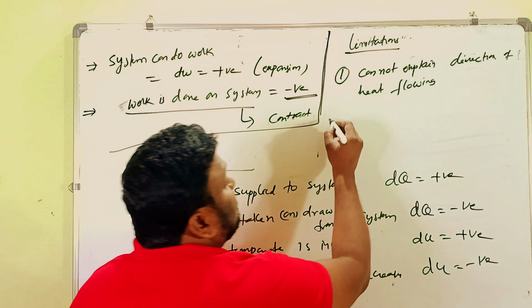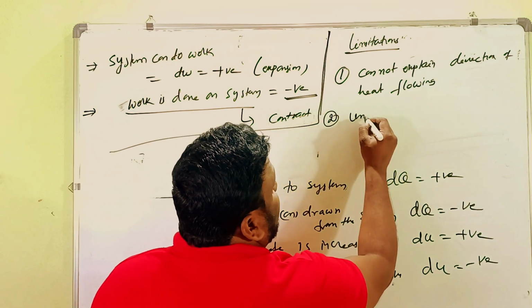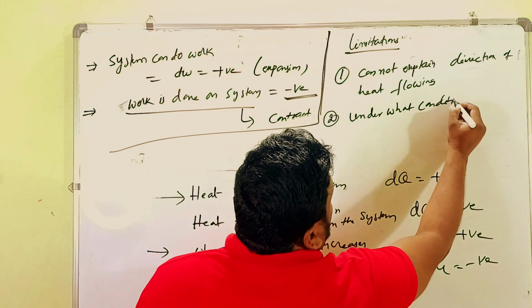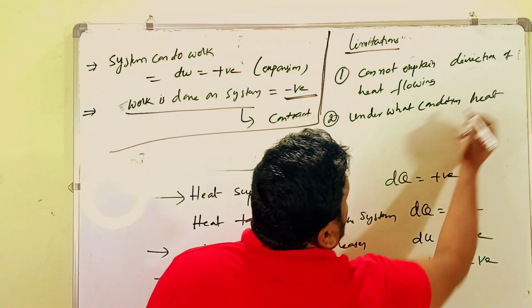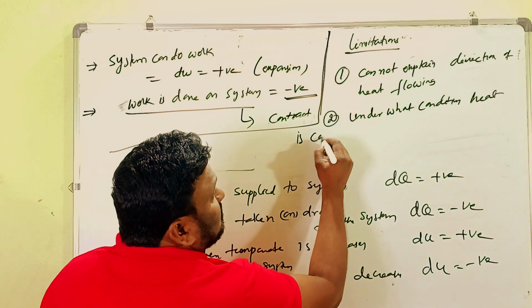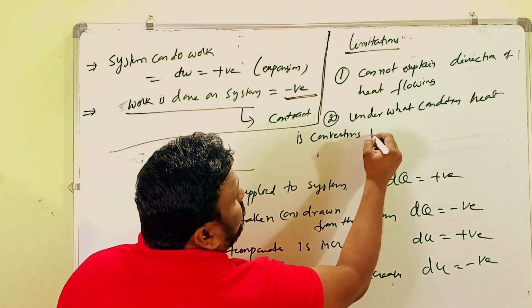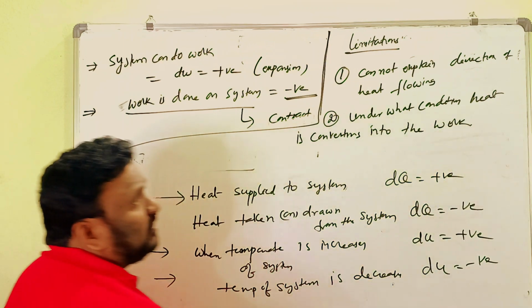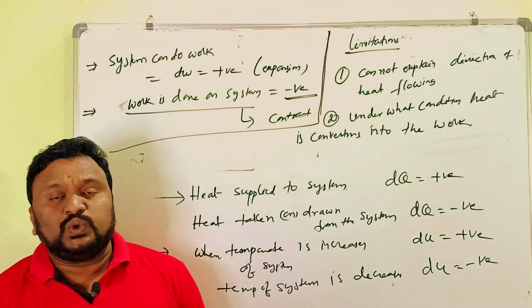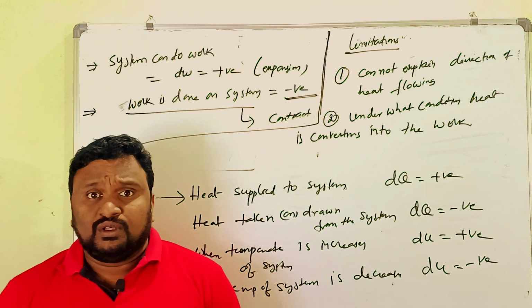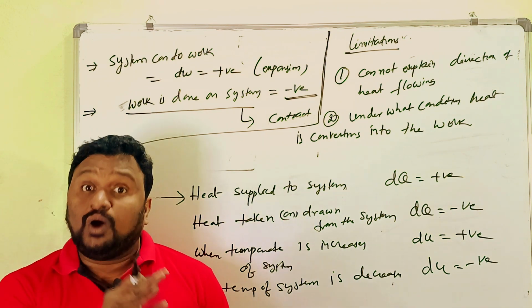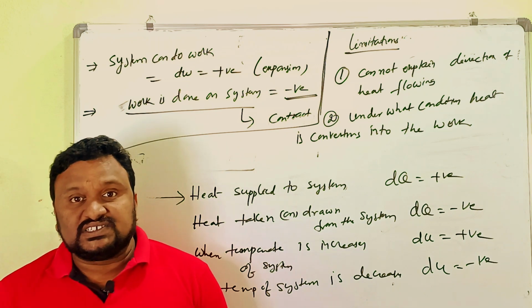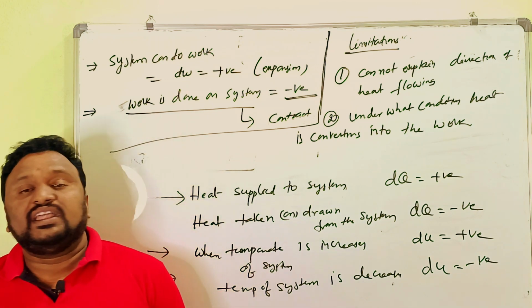And the second thing is under what conditions heat is converted into work. Okay, dq equals du plus dw, that is right. But how is the heat converted to work, and under what conditions? No explanation is given about that.